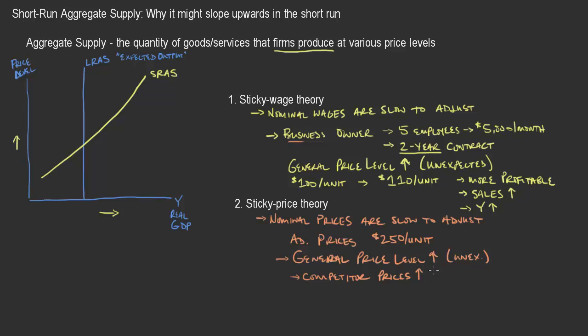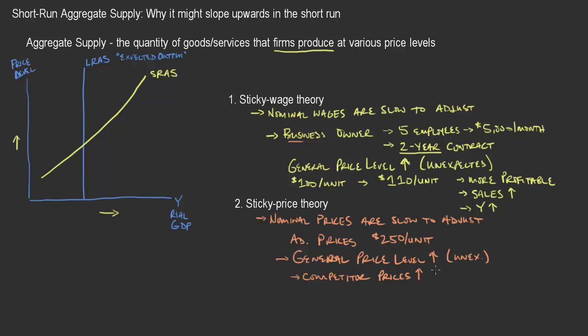In this temporary short run period, you are more competitively priced. Your prices are stuck because you have chosen to continue to honor the brochure prices, even though your competitors are charging more for the same type of product.